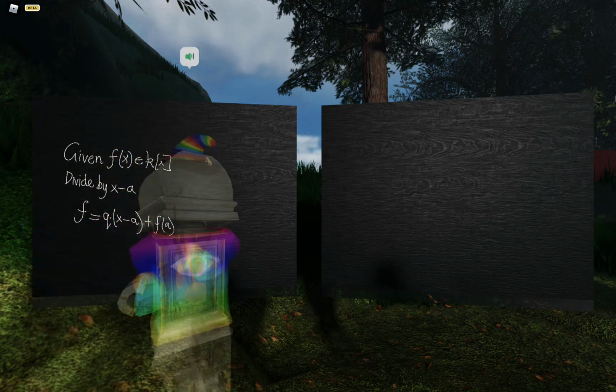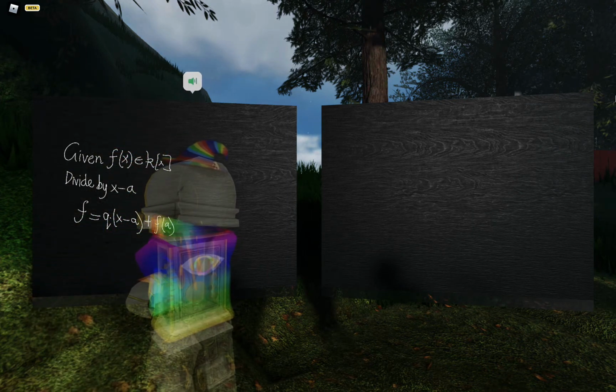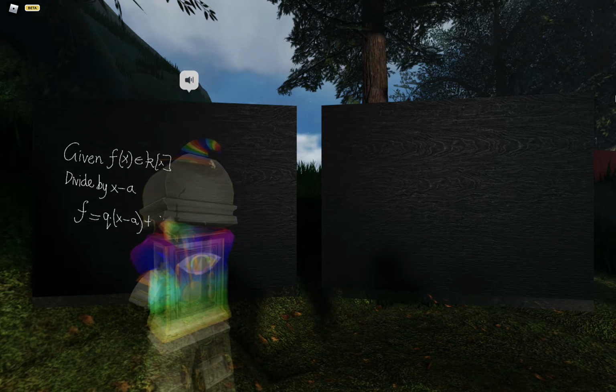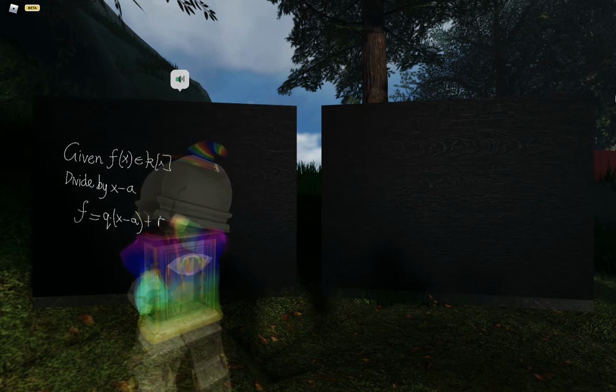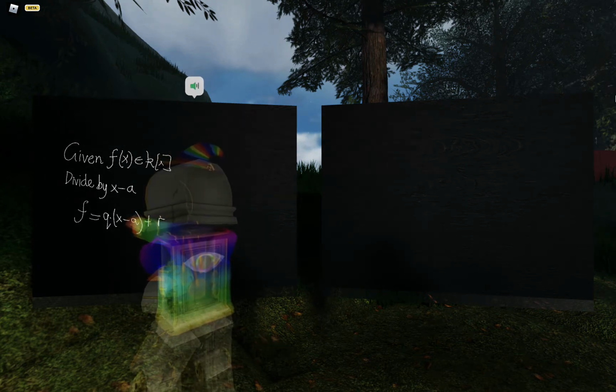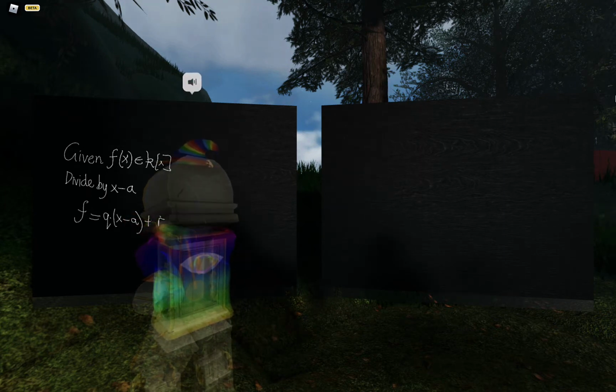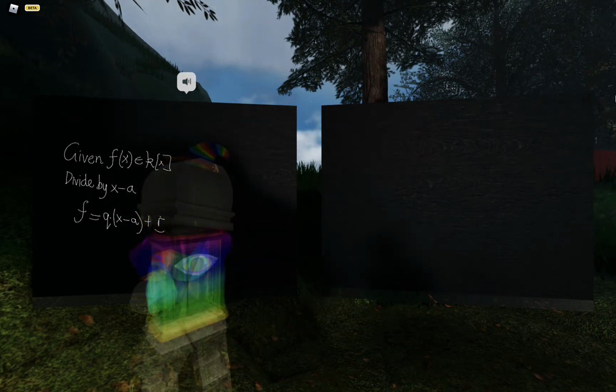I guess we've just been discussing this in MAG, so that's why I asked the question. But if you haven't been thinking about this recently, remember the R for the division algorithm has to have degree less than the thing I'm dividing in, which is x minus a, which has degree 1. So this has to be an element of the field.